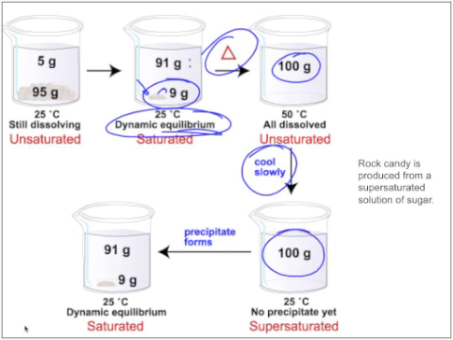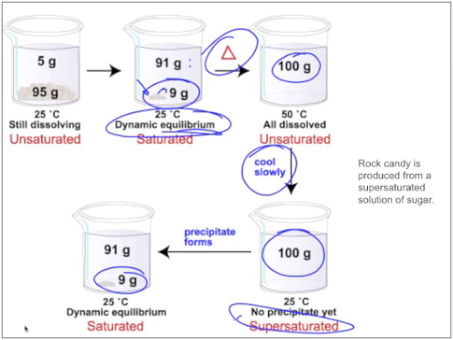It hasn't precipitated yet, because it's not just going to do it magically. We've lowered the temperature, but it doesn't happen instantly. Eventually, over time, the 9 grams that is still left over is going to precipitate. But before that, we reach something called supersaturation. We've got more solute than we technically should be able to dissolve.